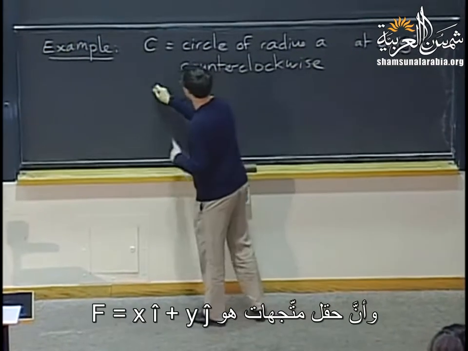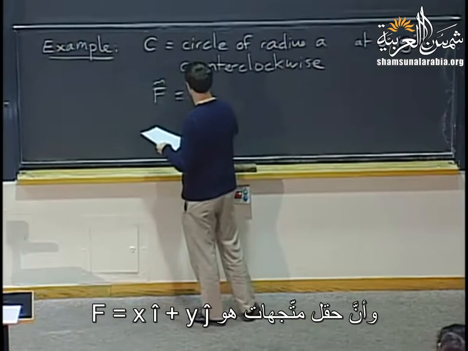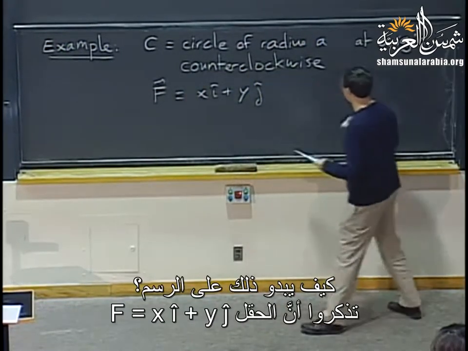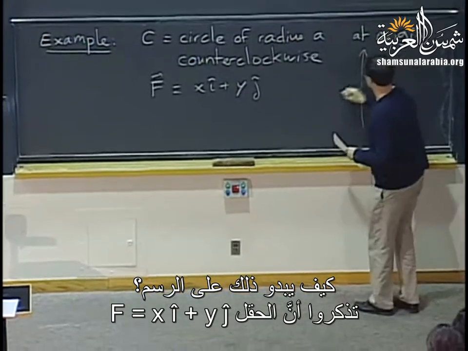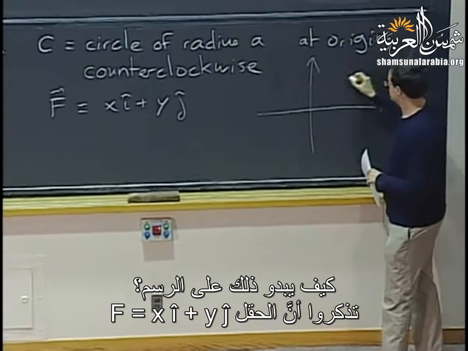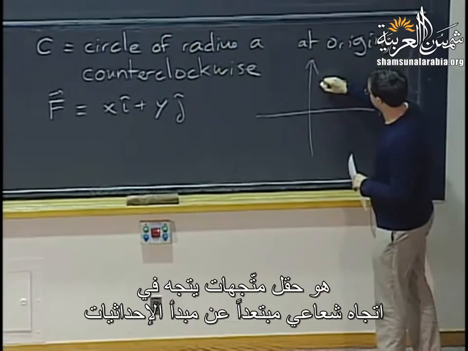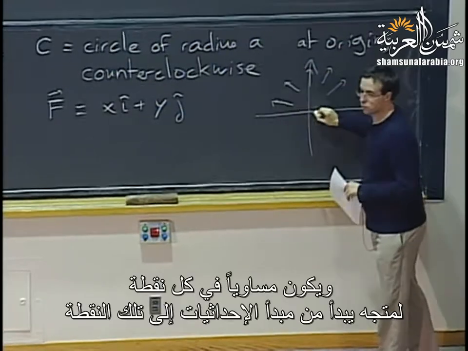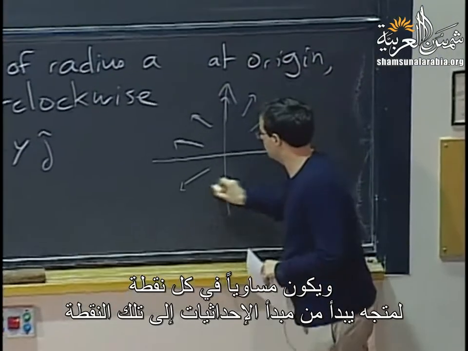And let's say that our vector field is xi plus yj. So what does that look like? Remember, xi plus yj is a vector field that's pointing radially away from the origin, because at every point, it's equal to the vector from the origin to that point.